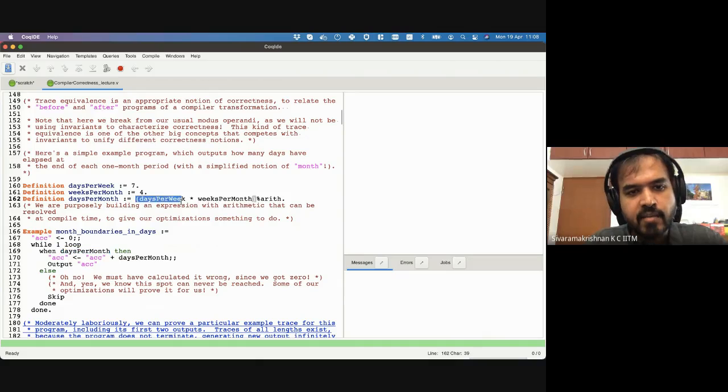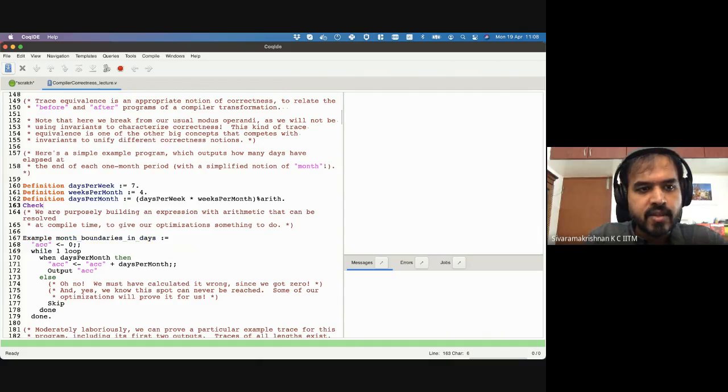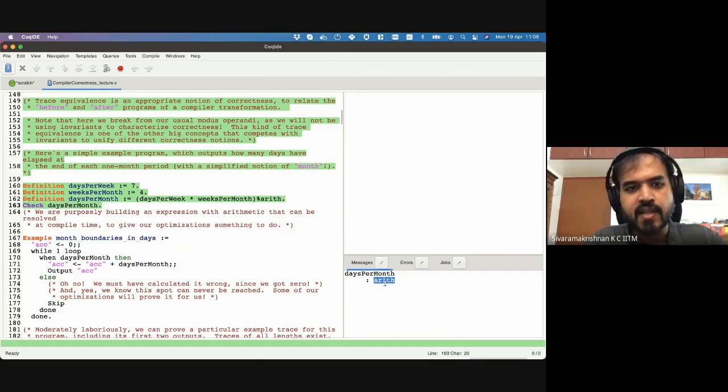When I write this term here, and then I do percentage arith, I'm saying consider this as an arithmetic expression. So if you look at check days per month, that's an arithmetic expression. That's not a natural number.